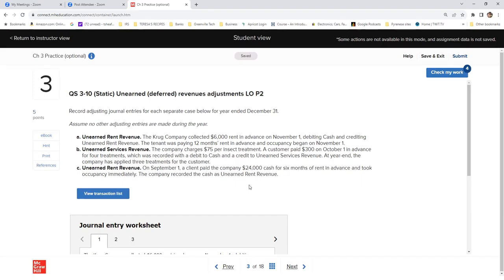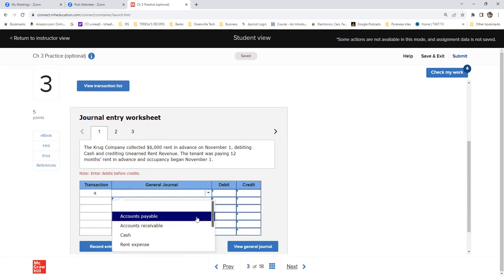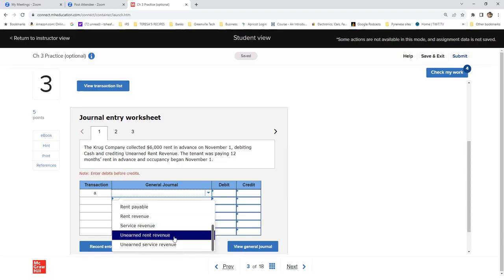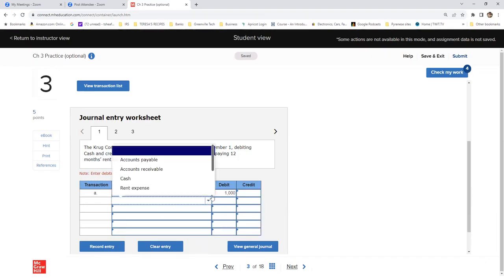Adjusting entry. Okay. And so what we're going to do is we're going to debit unearned rent revenue, $1,000, and we're going to credit rent. Wait a minute. Did that wrong?